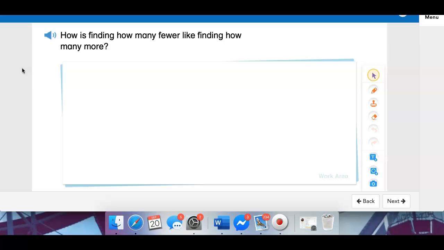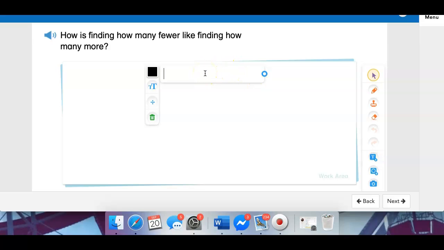So in our answer, we could say that they are alike because when we are using both of these methods, we're either adding or subtracting to find out how many fewer or how many more. So for my answer for this one, and you all can just write it as we know, Mrs. Collier is going to type it.